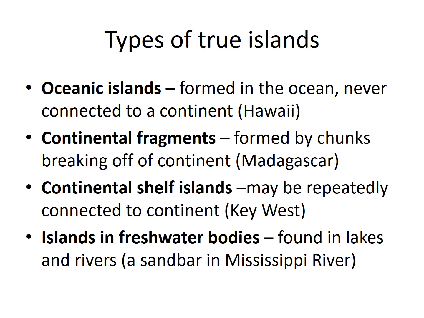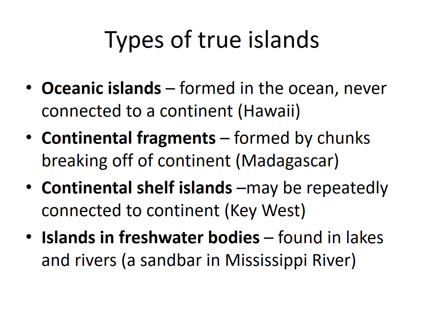But continental shelf islands are islands that are in the ocean, but they are on the continental shelf, which is not that much lower than the exposed land of the continent itself, and they can be repeatedly connected to the continent. Okay, so I'll make this a bit more clear in a subsequent slide.